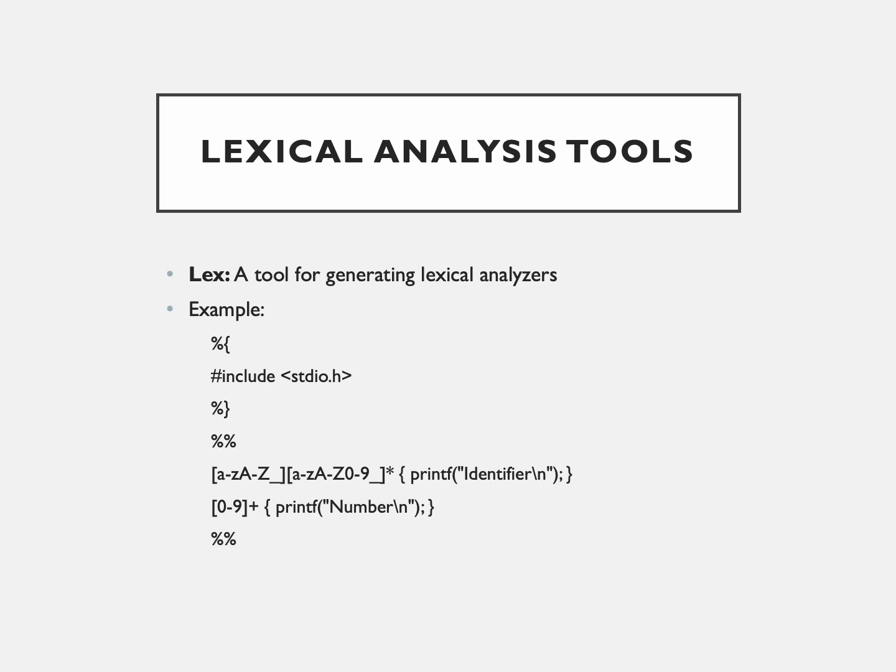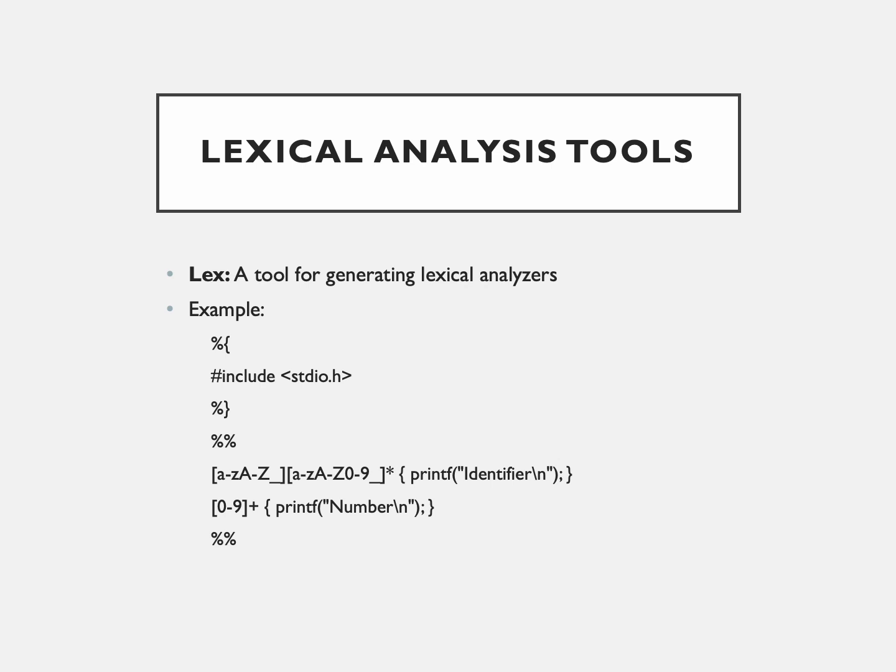So how does it work? When you run this program, it reads the input and matches identifiers to the first pattern, printing identifier. It also matches numbers to the second pattern, printing number. So this is how it works. Tools like Lex make it easy to handle complex pattern matching using regular expressions, and it reduces manual effort in writing lexical analyzers from scratch.